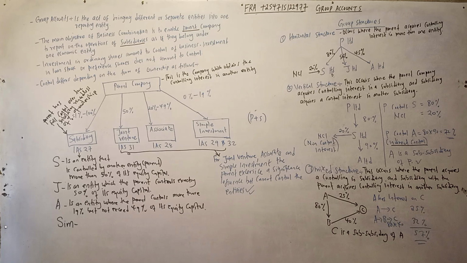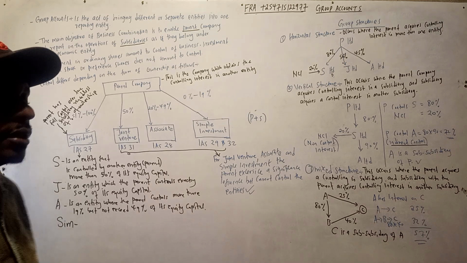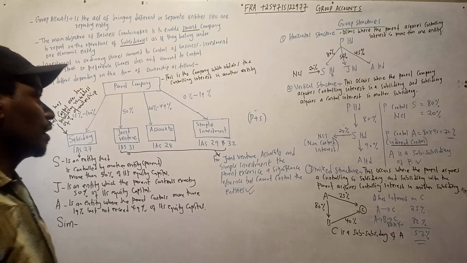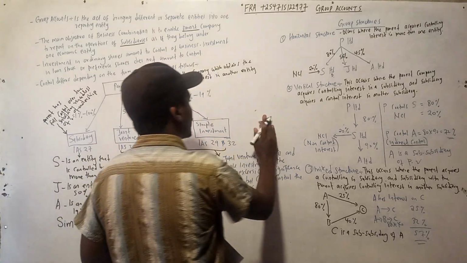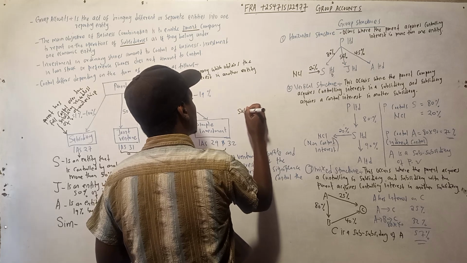Maybe we can define what a subsidiary is. A subsidiary is a company acquired by a subsidiary of the parent. So when a subsidiary of the parent acquires another company, that company becomes a subsidiary.